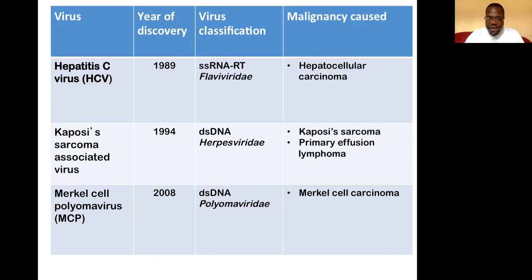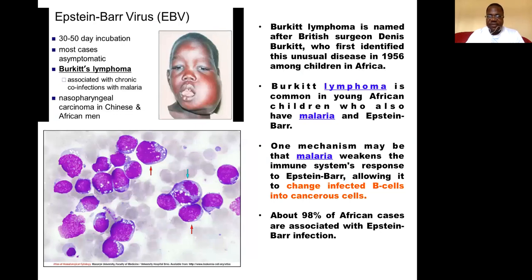Then the last one to be discovered, the virus discovered in 2008, called the Merkel cell polyoma virus. It's associated with a type of skin cancer called Merkel cell carcinoma. So let's illustrate a bit some of this.